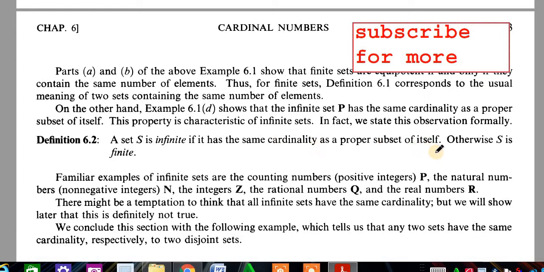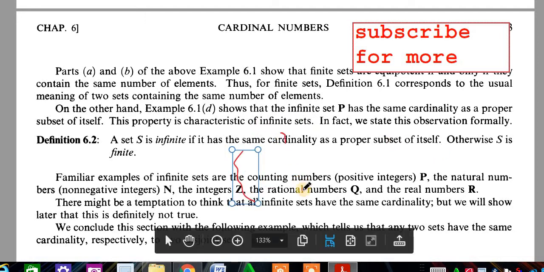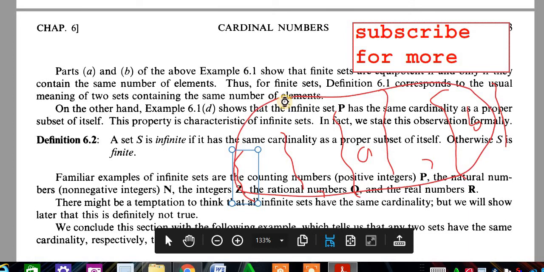What is a proper subset of a set? If we take A equal to {a, b}, we make the subsets: the empty set, {a}, {b} and {a, b}. {a, b} is improper, so the others are the proper subsets of that set.